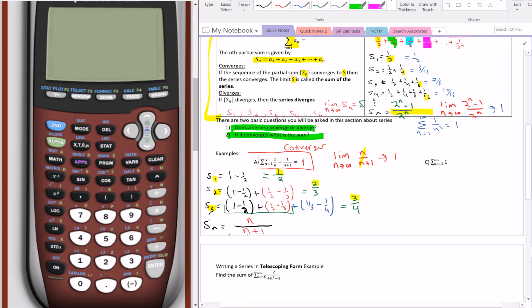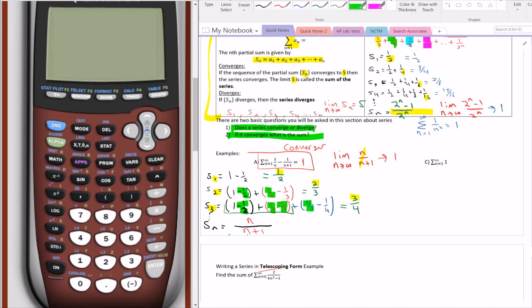All right, there is something interesting about this series that I want to talk about, and you can kind of see it down here, this telescoping example. Notice how there's a negative 1/2 here, and there's a positive 1/2 here. And that continues. If I wrote a bunch of these, negative 1/2, positive 1/2, negative 1/3, positive 1/3, this would keep happening. All those middle terms are going to cancel out, right?